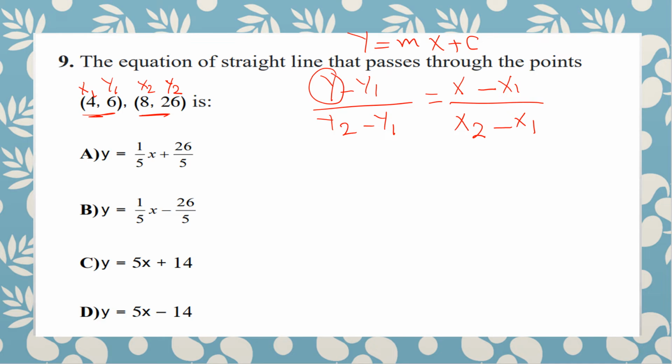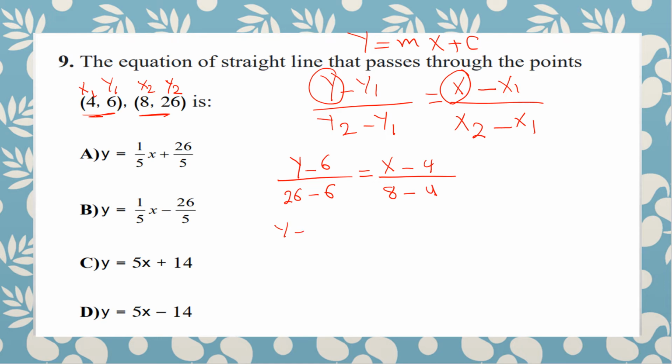Y and x here are for the new straight line equation that we hope to reach. By substituting the values of x1, y1, x2 and y2 in this formula, we get y minus y1, which is 6, over y2, 26, minus y1, which is 6, equals x minus x1, 4, over x2, 8, minus x1, 4.